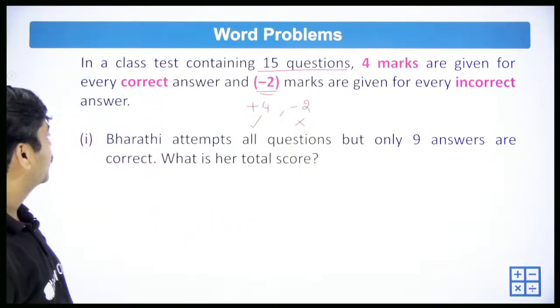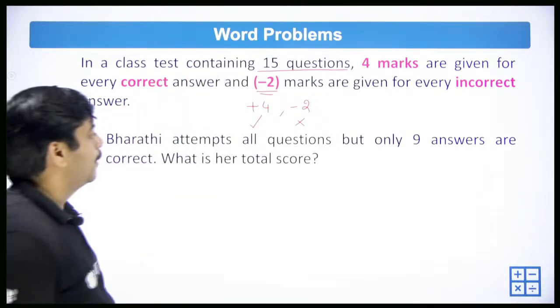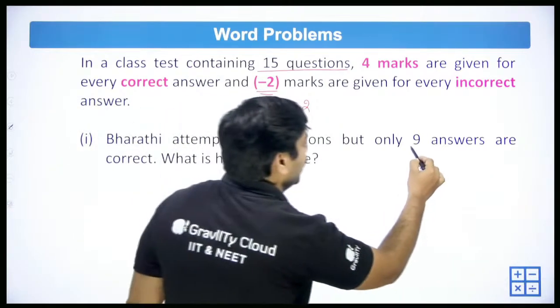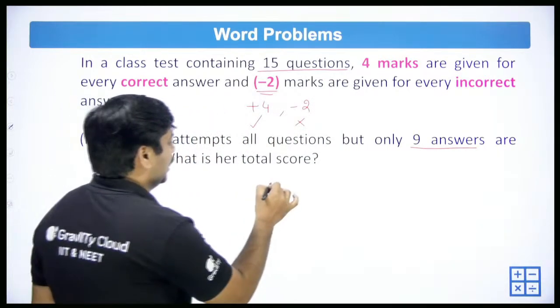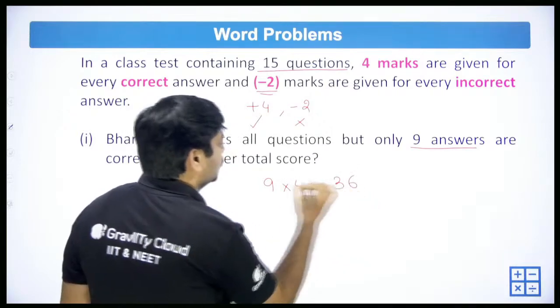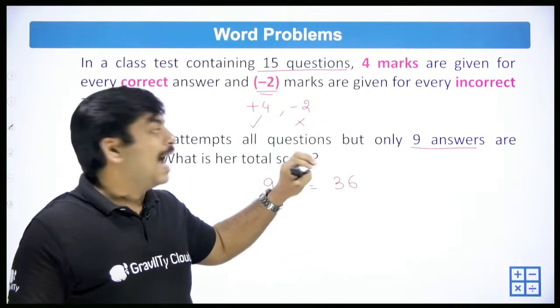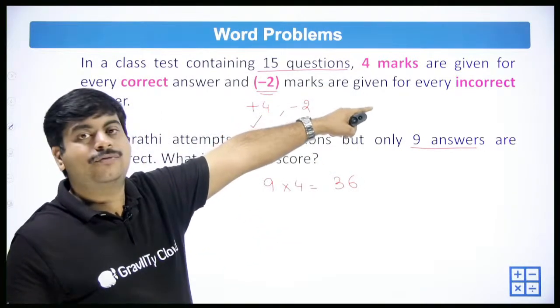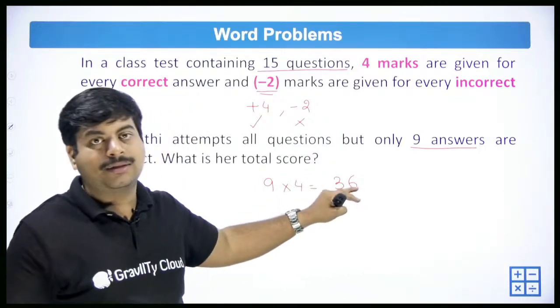The first question: she attempts all the questions, all means 15 questions. But only 9 answers are correct. So 9 into 4, she will get 36 marks. But is this her final score? Had there been no negative mark for incorrect answers, that is her final marks.